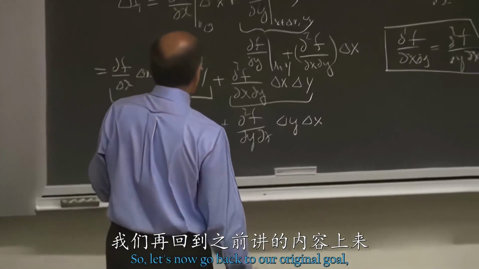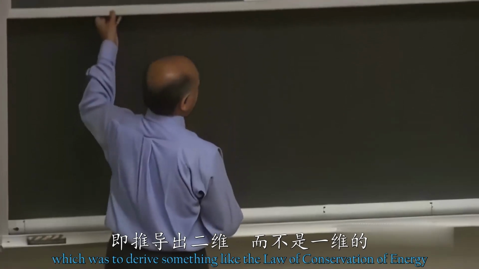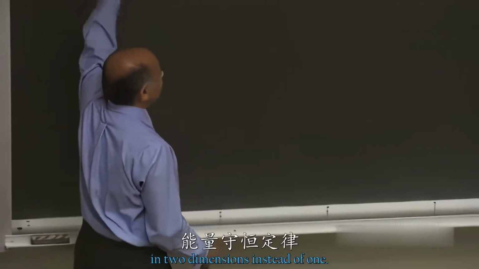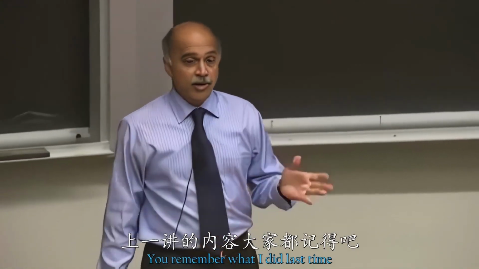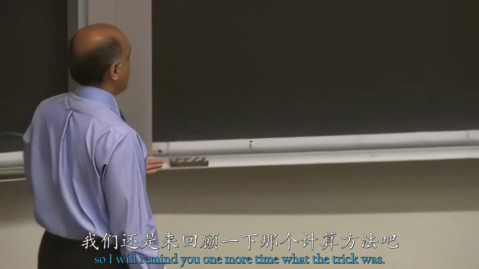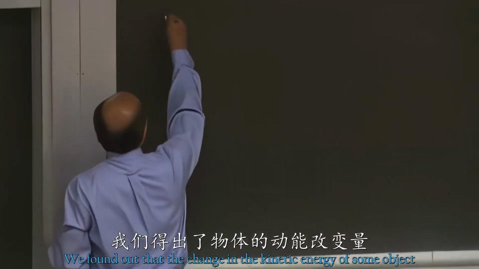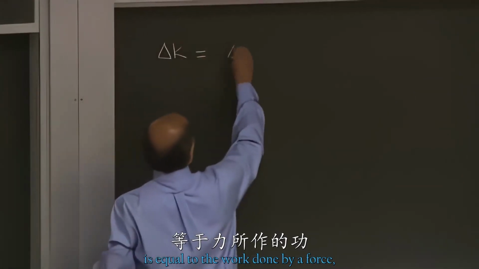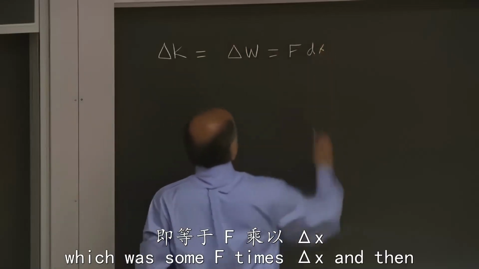So let's now go back to our original goal, which was to derive something like the law of conservation of energy in 2 dimensions instead of 1. So you remember what I did last time, so I will remind you one more time what the trick was. We found out that the change in the kinetic energy of some object is equal to the work done by a force, which was some F times delta x.